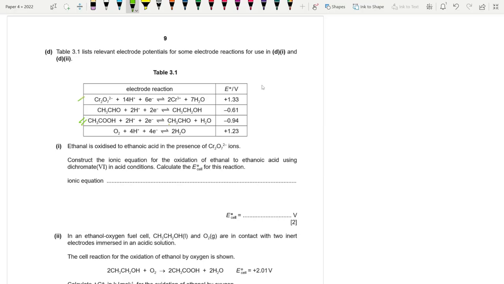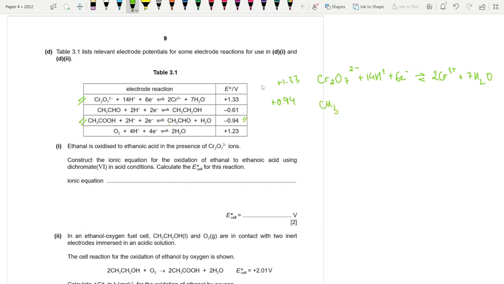So these are our two equations. Cr2O7 2 minus plus 14H plus plus 6e minus is equal to 2Cr3 plus plus 7H2O, that's plus 1.33. And we have to use this oxidation potential, so it's actually going to turn into plus 0.94 rather than minus 0.94.